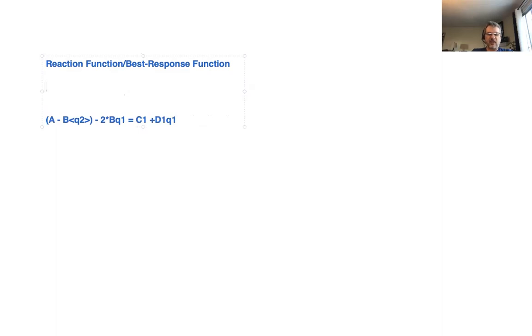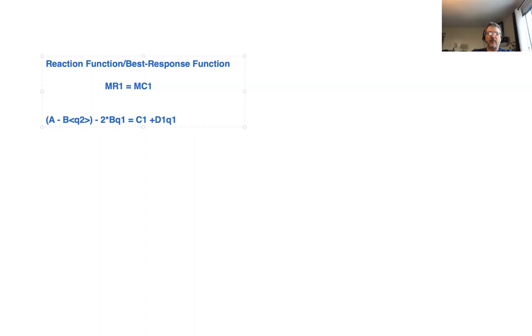This is the marginal revenue of firm one on the left-hand side, and on the right-hand side is the marginal cost of firm one. What we know is that marginal revenue equals marginal cost will give us a setup, right?